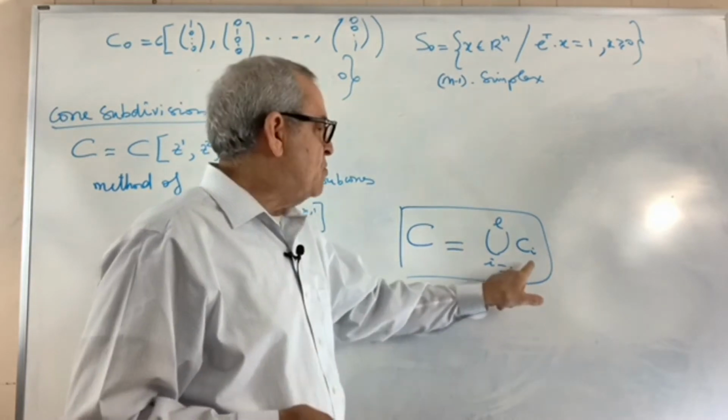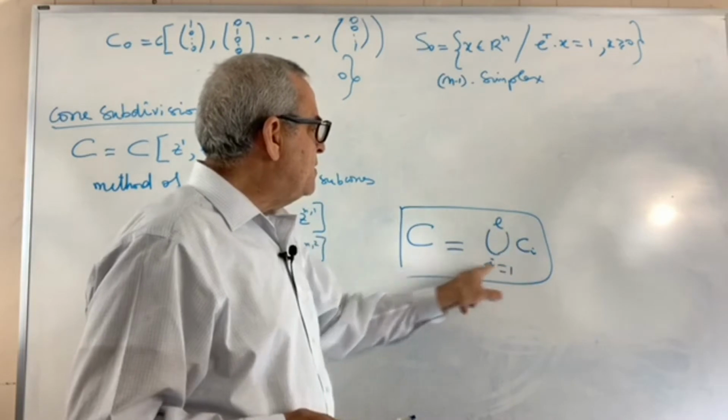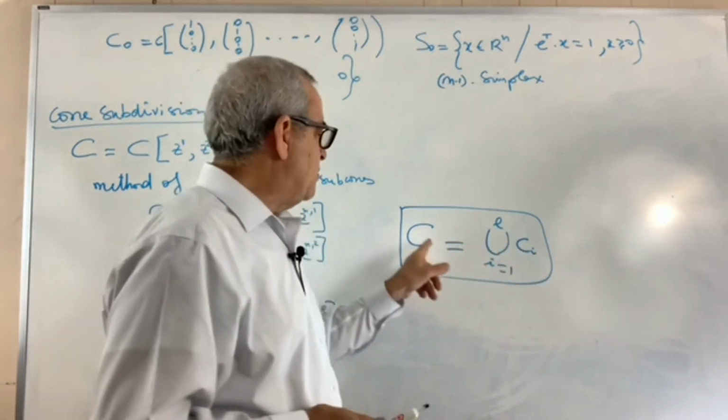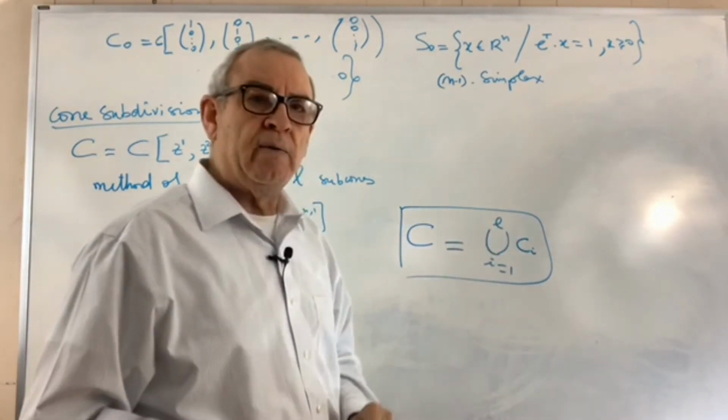Usually it's easier to search in a smaller cone than a bigger cone. Since the union is C, there is an equivalence: searching C is the same thing as searching each CI from I equal 1 to L.